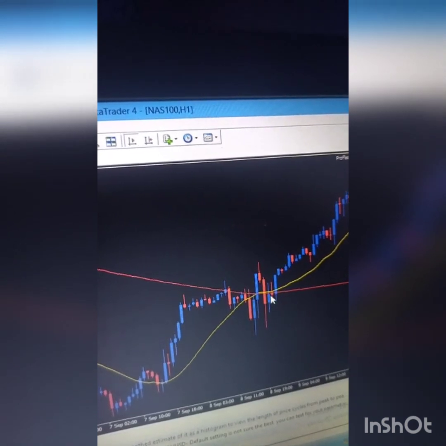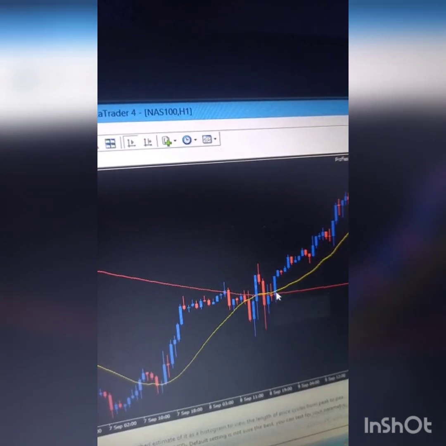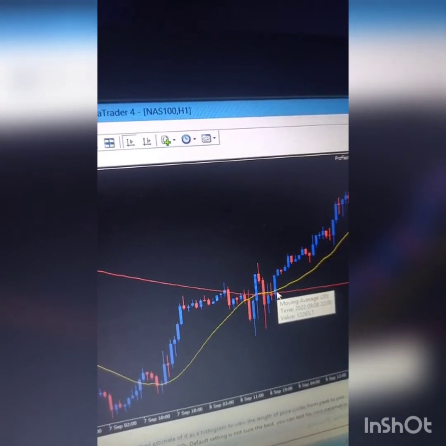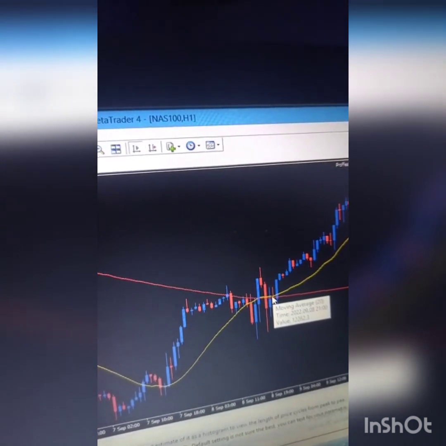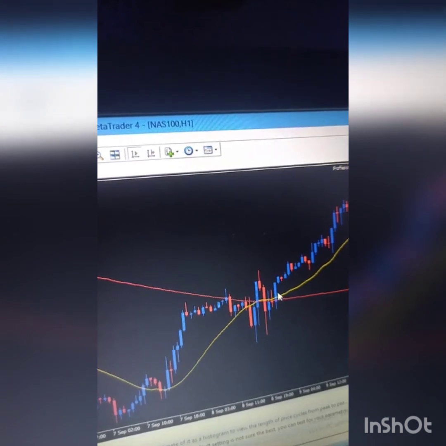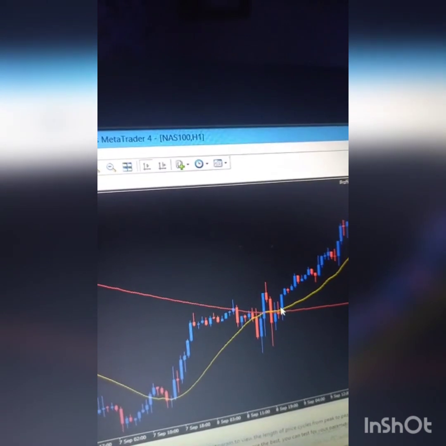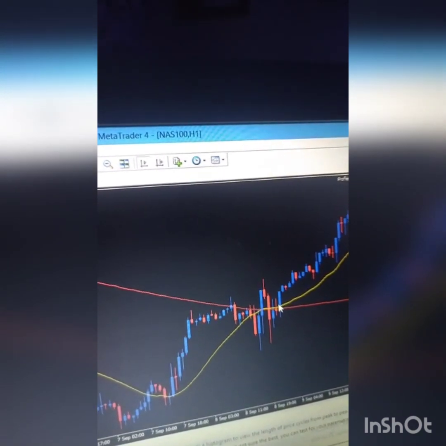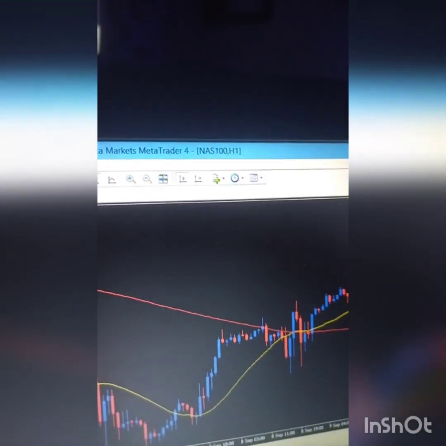Then you see this red. Immediately green takes out this red. You are supposed to enter the market. But what happened? It took it out here. This is where you are supposed to enter the market. You don't even have to wait for the candle to finish. Enter the market here and to the upside.